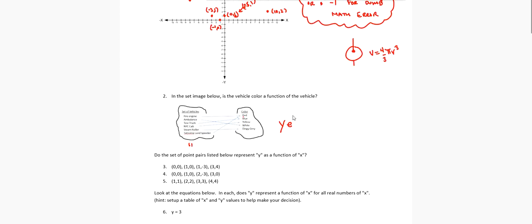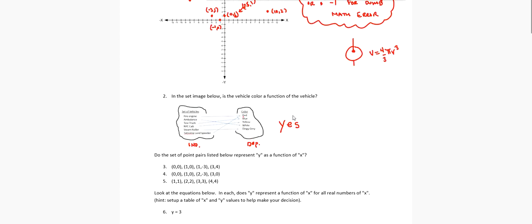You could think of these as the independent and these as the dependent. So yes, this looks like vehicle color is a function of vehicle. So this is dependent on these. And it's not necessarily a 100% true statement. It's just a mathematical problem.